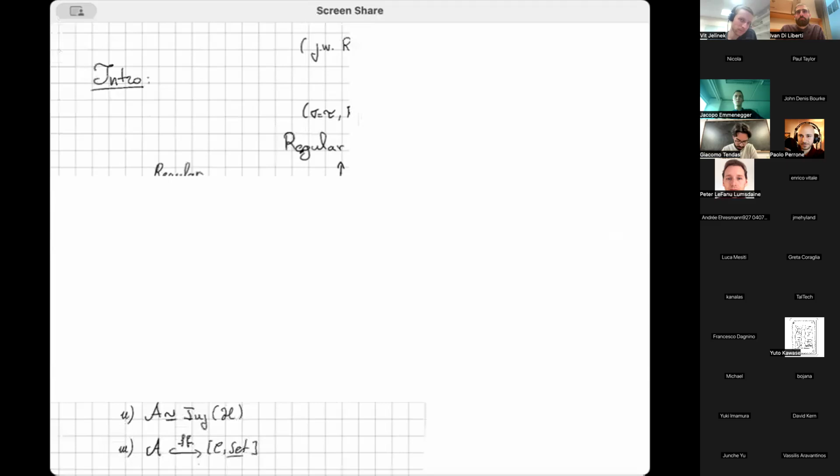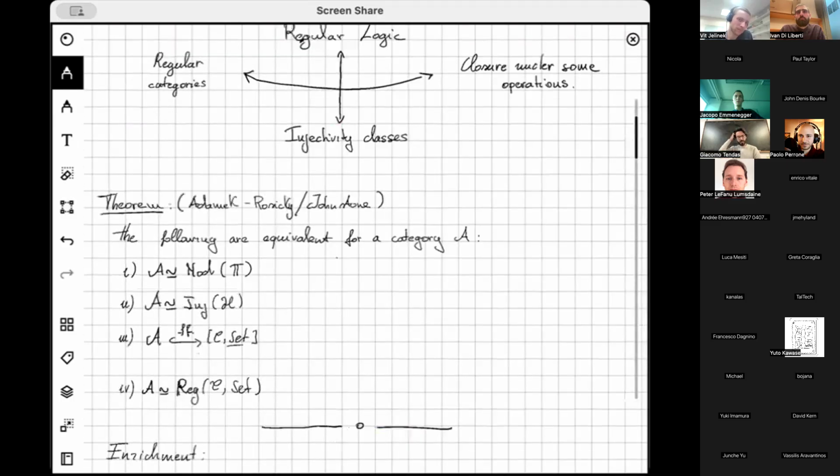Okay, so what are the various equivalences that I want to talk about? It's this one, and it's a theorem that you can find by putting things together from Adamek and Rosicky's book and Johnstone's Sketch of an Elephant. It says this: the following are equivalent for a category A. One, A is the category of models for a regular theory T on a certain language L. So you take all models and homomorphisms between them.